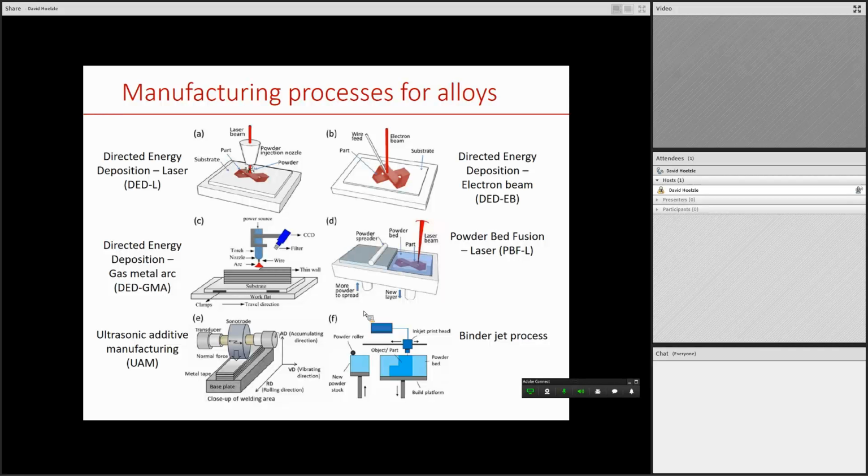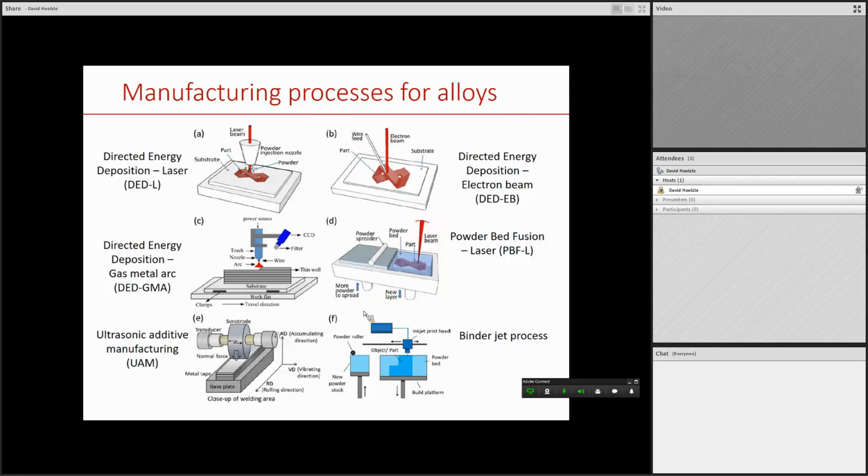We can produce a net-shaped part directly from the model. Directed energy deposition and powder bed fusion are both direct metal processes, and UAM and binder jet are indirect processes. They require an intermediate process like casting, bulk sintering, and machining.